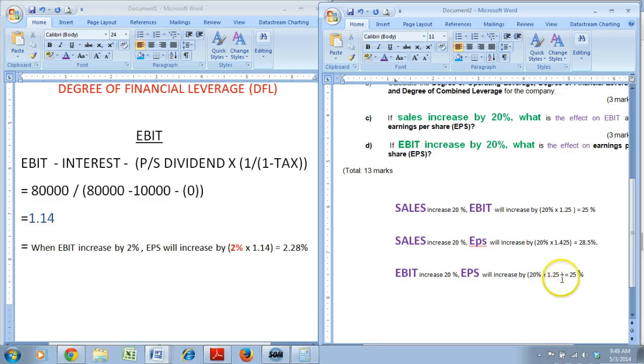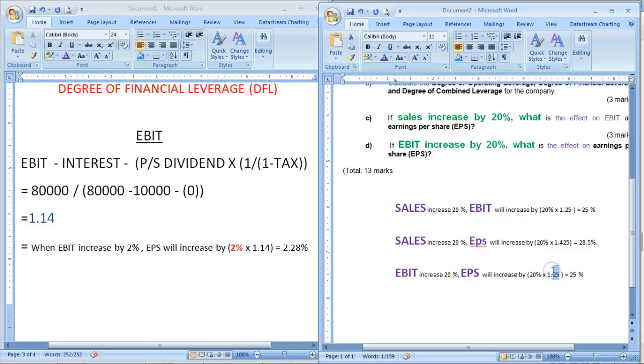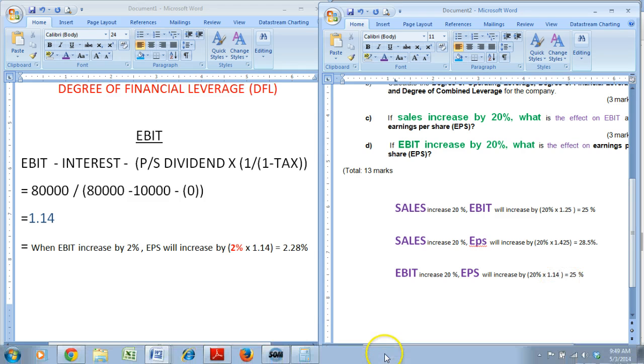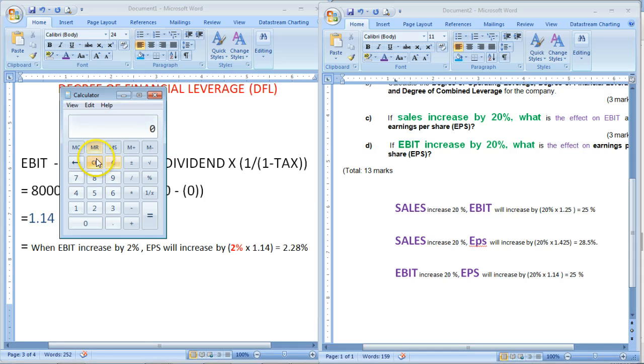1.14. So what is the formula? 1.14 times 20. Correct? So your EPS will increase 22.8%.